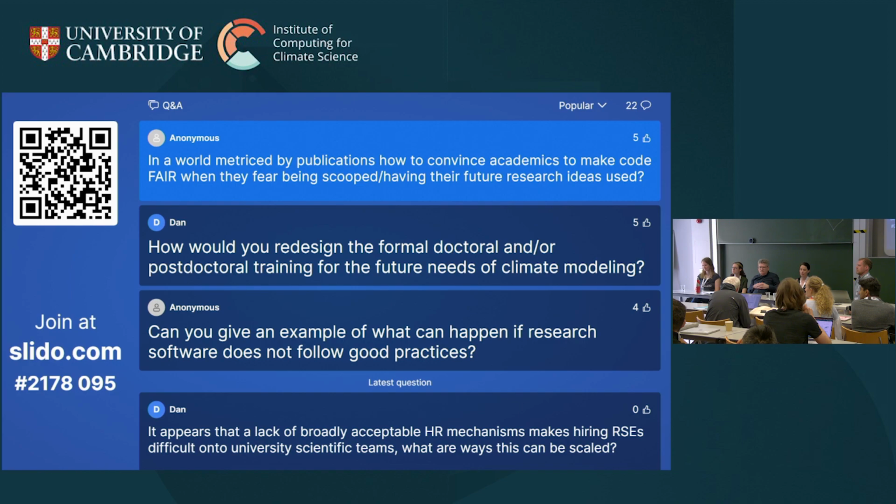So I can publish all these great new discoveries about the atmosphere, but I don't want to make it publicly available because my rival will nick my model and then overnight do all the experiments I had planned to do, and all that time I'd invested in code development is wasted, etc. How do you convince people that that is not the attitude to take, other than if I can't run your code as an RSE, your rival also probably can't run your code?